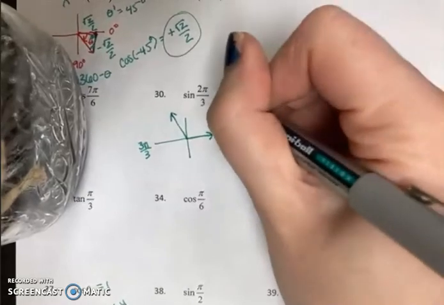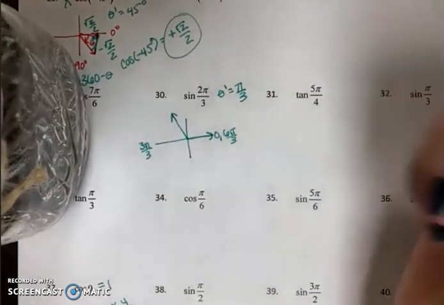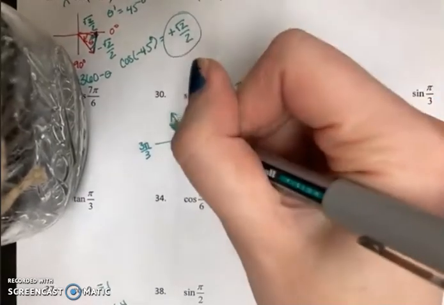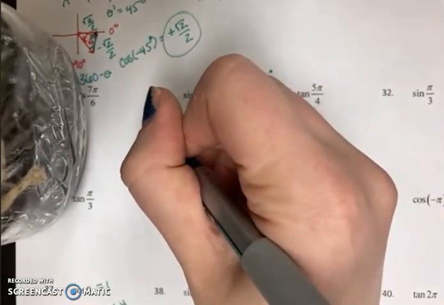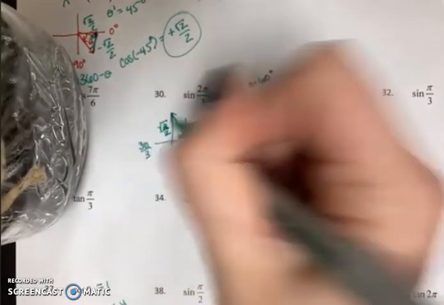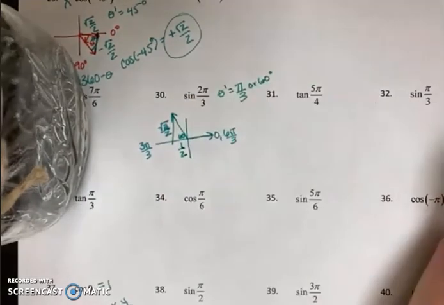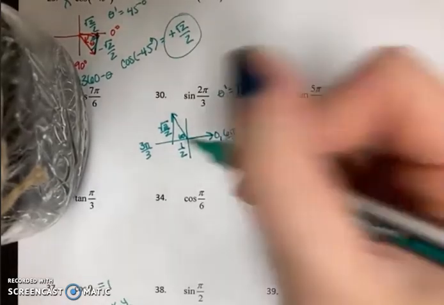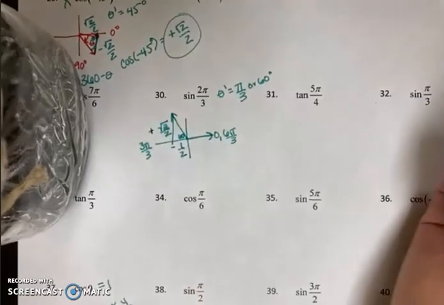I also know that the reference angle is just pi over 3, so you could use that to draw it, meaning that there's a 60-degree reference angle. So here's a 60-degree reference angle, meaning that the y side is the longest leg, which is root 3 over 2. The x side is the shortest leg, so that's 1/2. But it's in quadrant 2, so the x value has to be negative, the y value has to be positive.